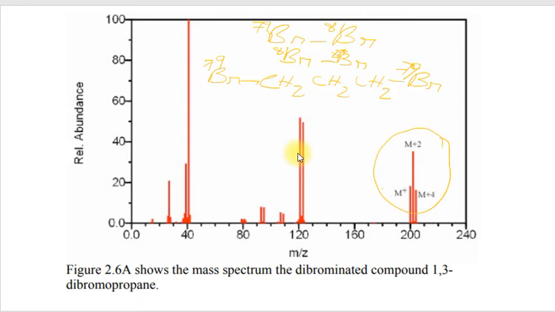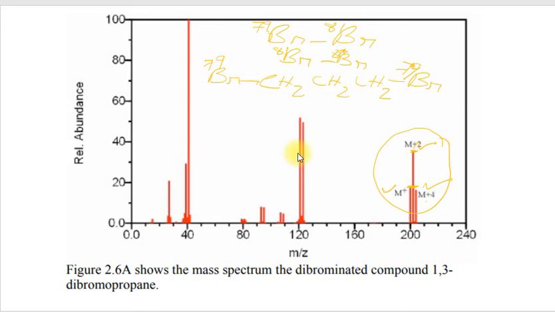M plus, M plus 2 and M plus 4, and just like I've shown before, the middle peak, that is the M plus 2 peak, is double the height of the M plus or double the height of the M plus 4.